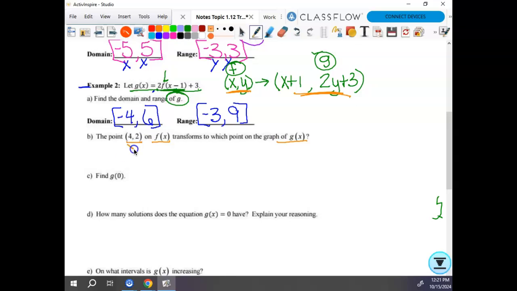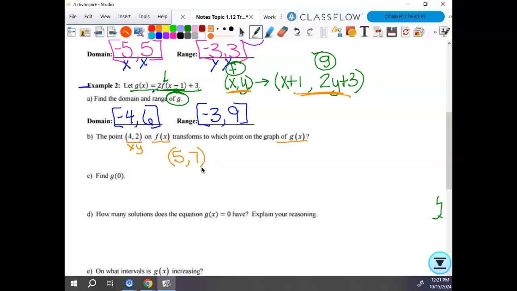This is an ordered pair. This is x, y. Might be helpful to label things like that so you don't go do something weird. Because when they're open intervals, they look like ordered pairs, okay? But my new one for G, I take the x value and add 1, so that's 5. I take the y value, multiply it by 2, and add 3, and I get 7.